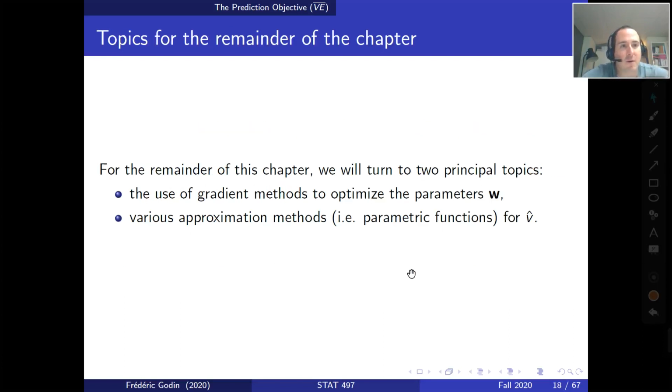For the remainder of this chapter, we will discuss two main topics. The first one is how to use stochastic gradient methods to optimize our parameter set W. We said we want to minimize our objective function VE bar across all values of the parameter, but it's not obvious how to do that because, for example, we said we cannot even calculate it in practice.